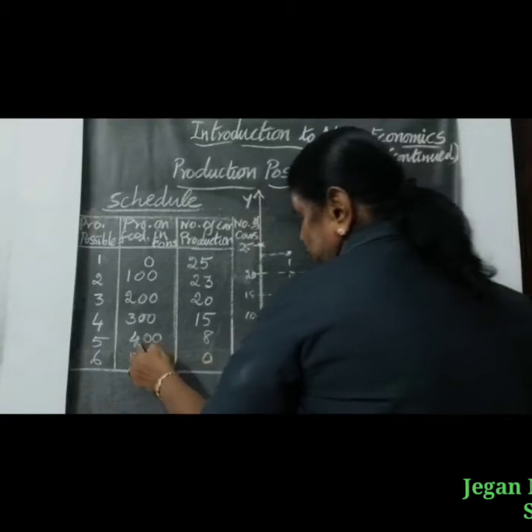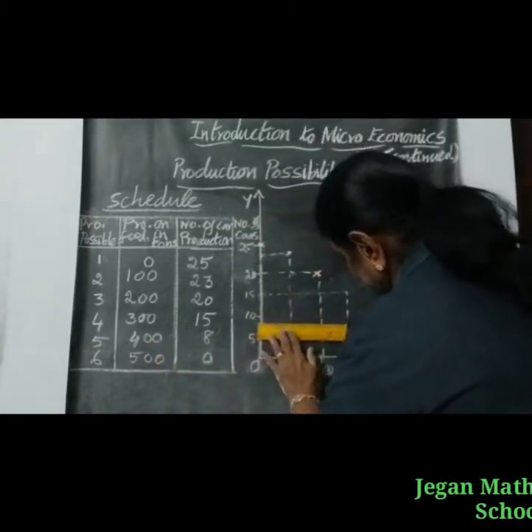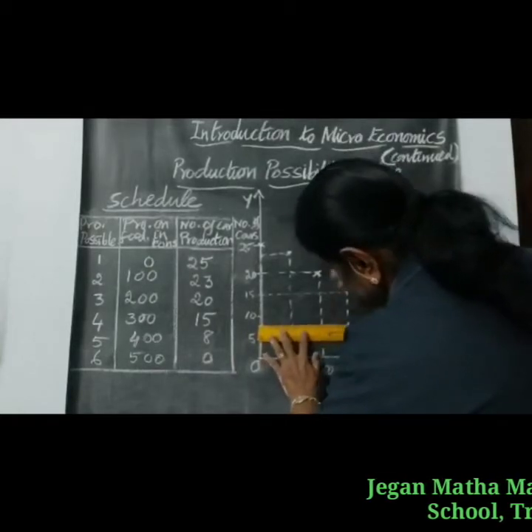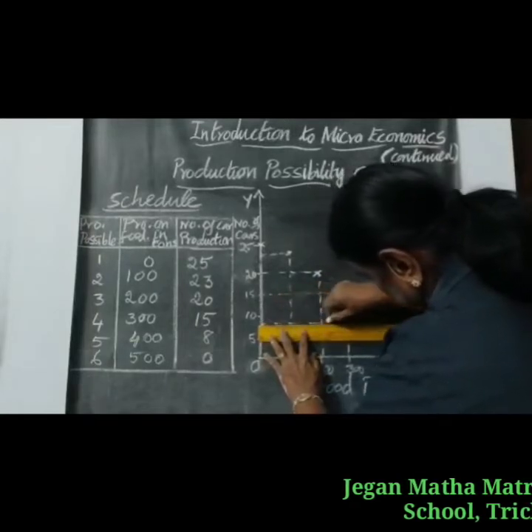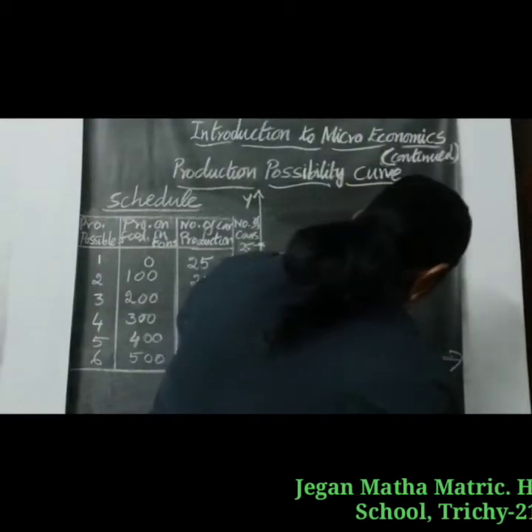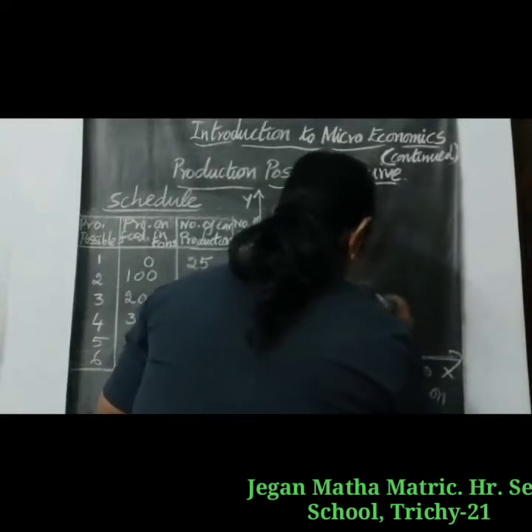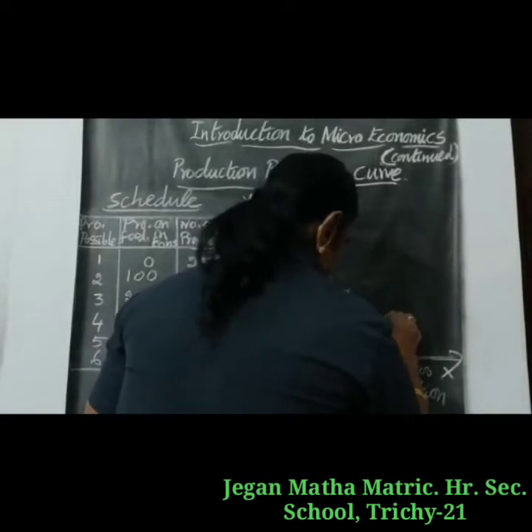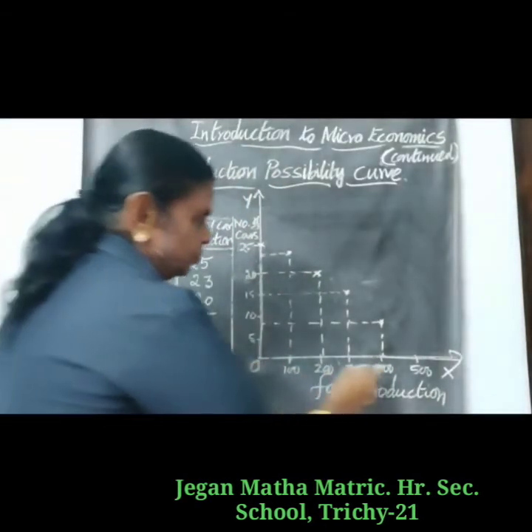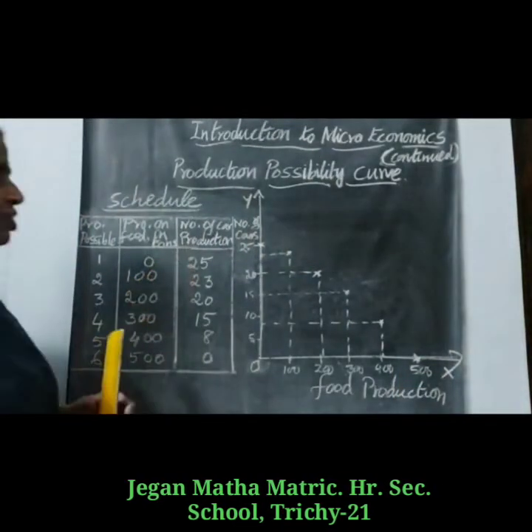And when it is 400, 8. Up to 400. And when it comes to 500, 0. So 500 here. Now see this production possibility curve, how it comes up.